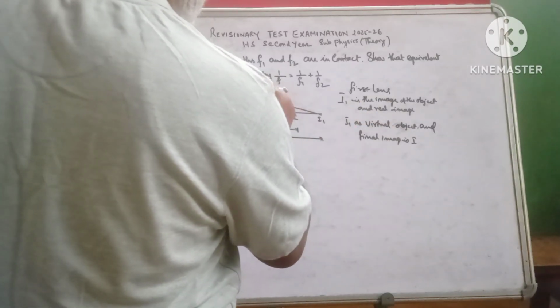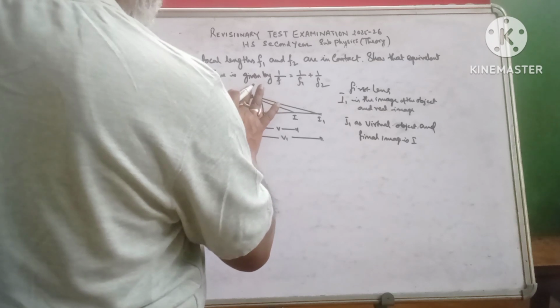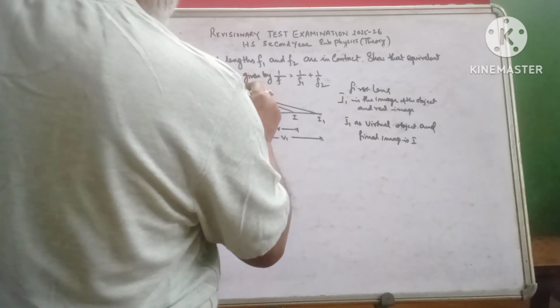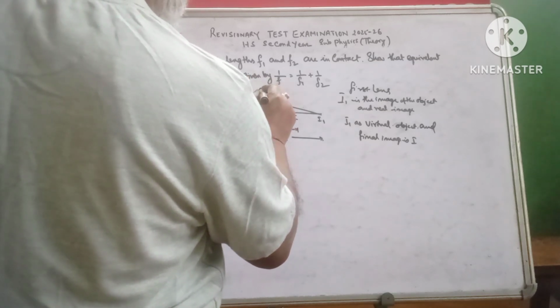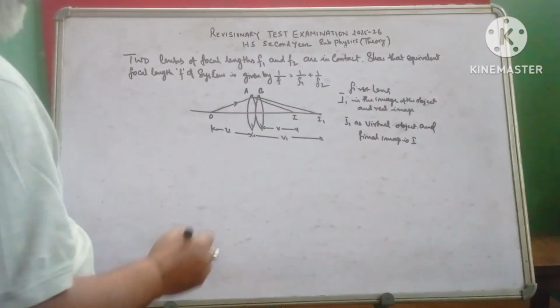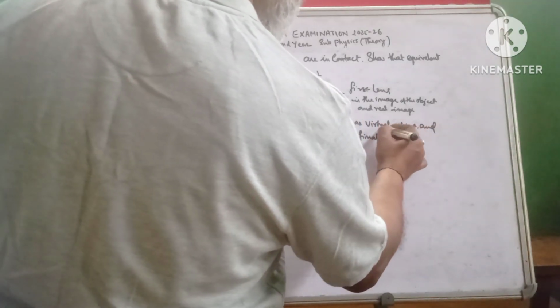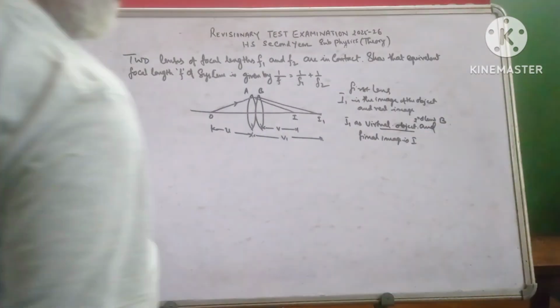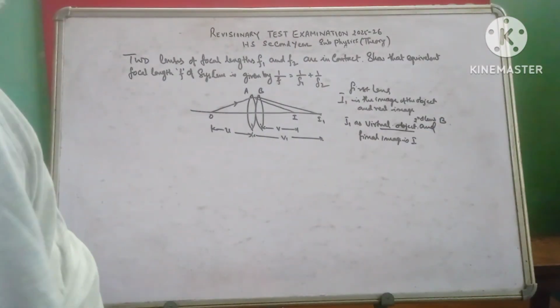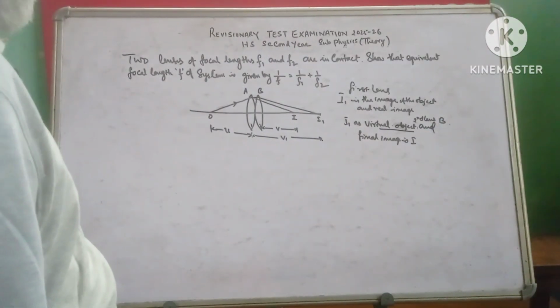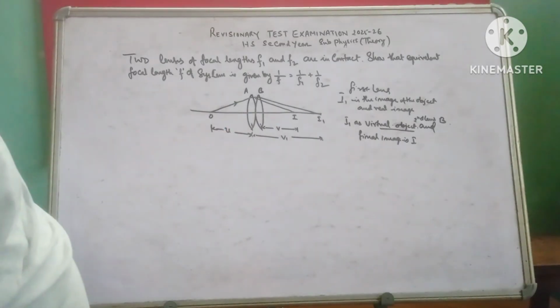This is A, and this is B. This is the virtual object for your second lens, that is B, and your final image is I.